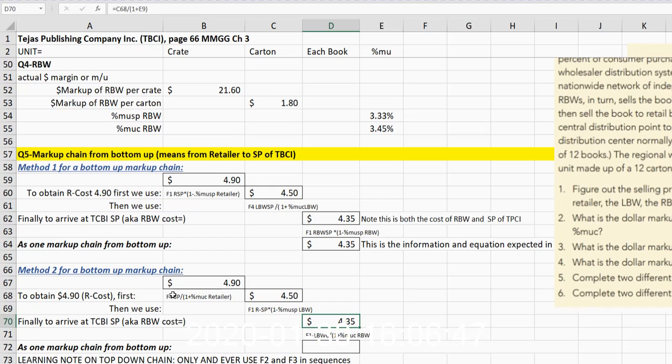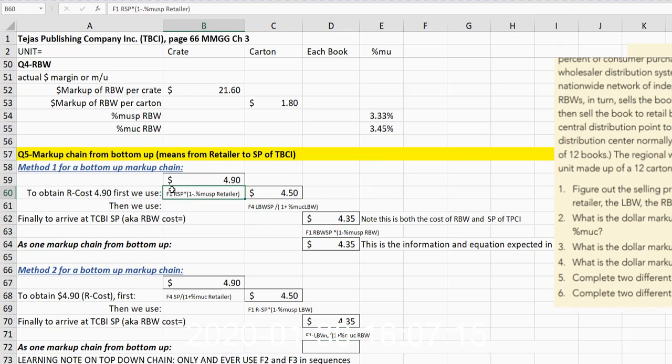So we've gone from formula F4 to formula F1 to formula F4. Oh, I see. I jumped down one.